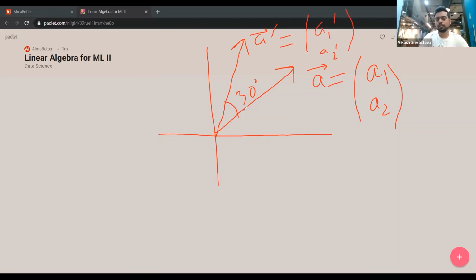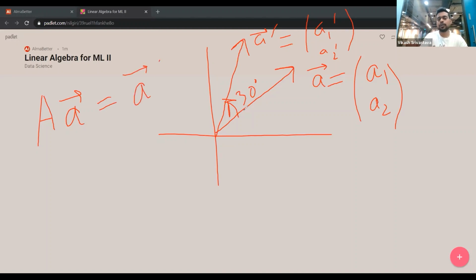Okay, so let's say you want to do a transformation on a vector A which rotates this vector by 30 degrees. Which direction? Counterclockwise direction.